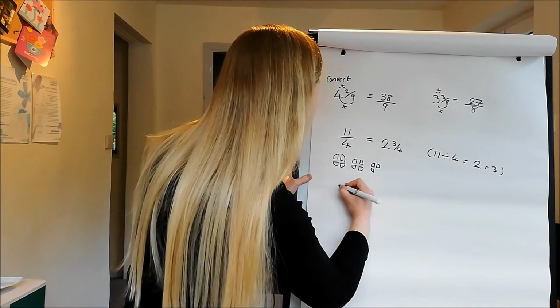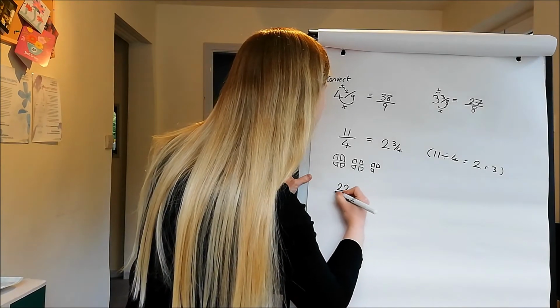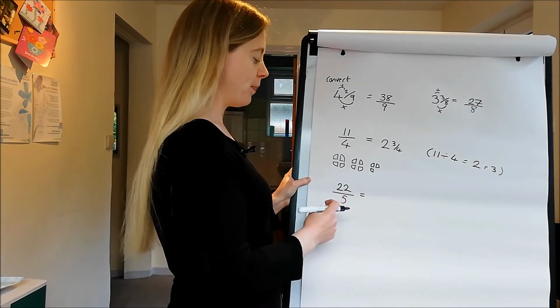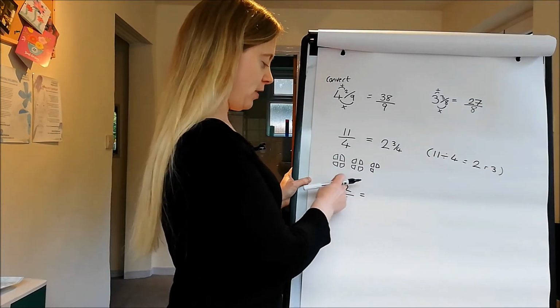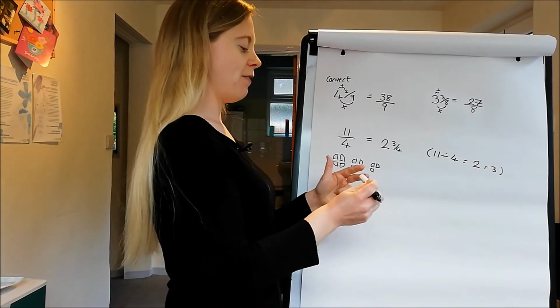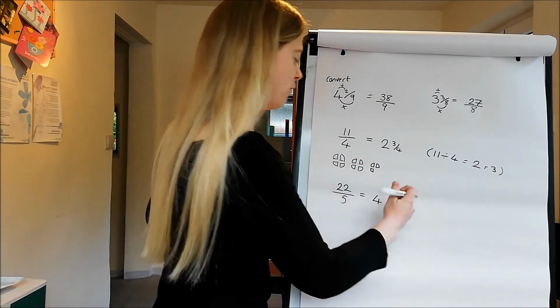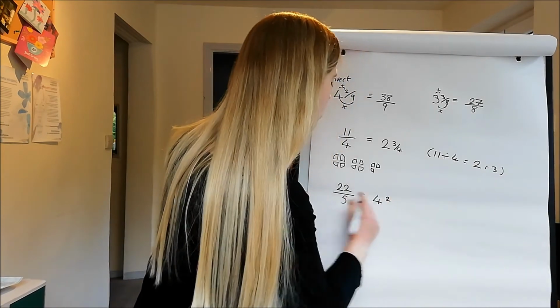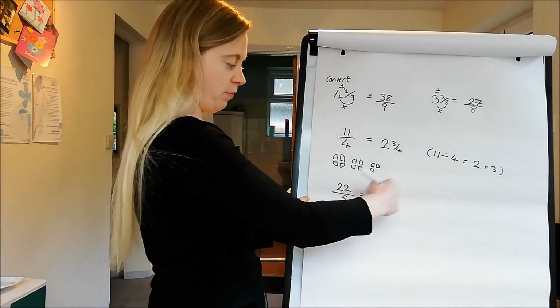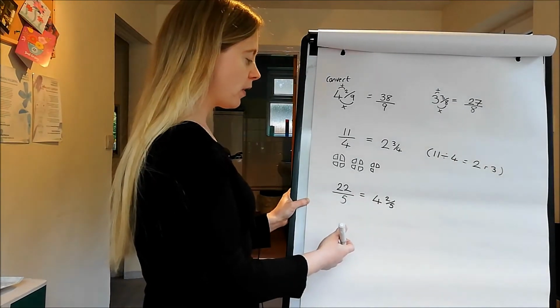So if I have 22 fifths and I want to convert that into a mixed number, 5 goes into 22 4 full times, 5, 10, 15, 20, with 2 remainders. And the question was given in fifths, so the answer will be over 5 as well.